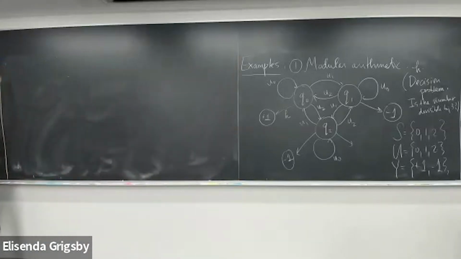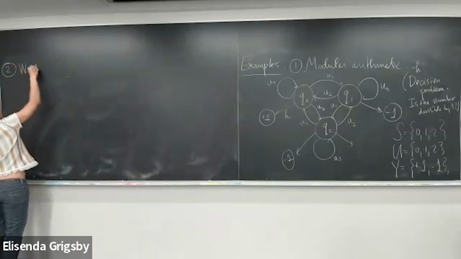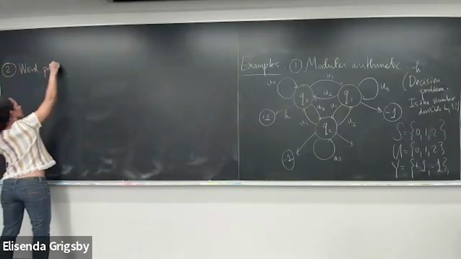Another, less trivial example of a finite state automaton is the word problem in certain finitely presented groups.